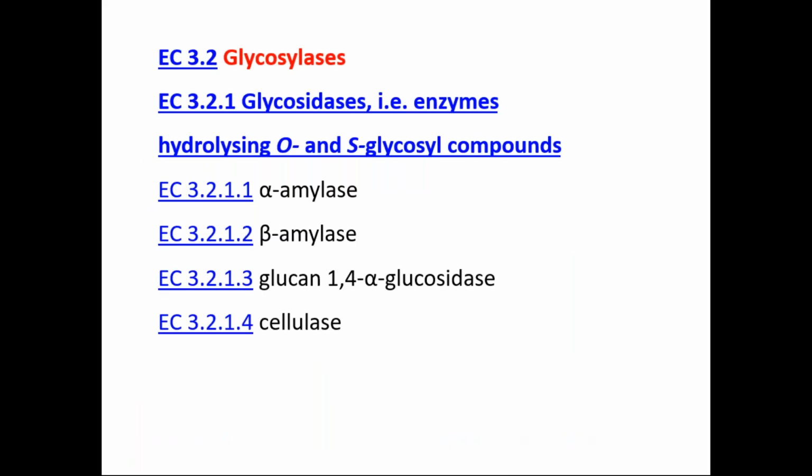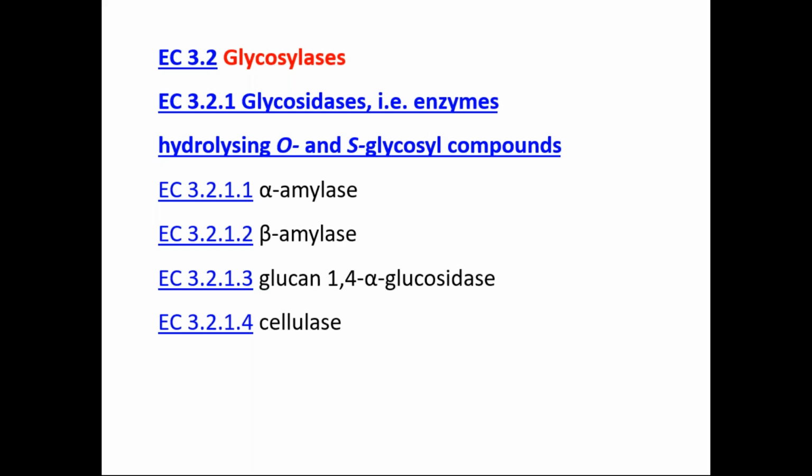In the same way, the enzymes that you have had a chance to be associated with, the glycosylases, which again use water and are used in the breakdown of sugars, have 3 for hydrolases, and 3.2 represents glycosylases. 3.2.1 is a glycosidase, an enzyme hydrolyzing O and S glycosyl bonds.